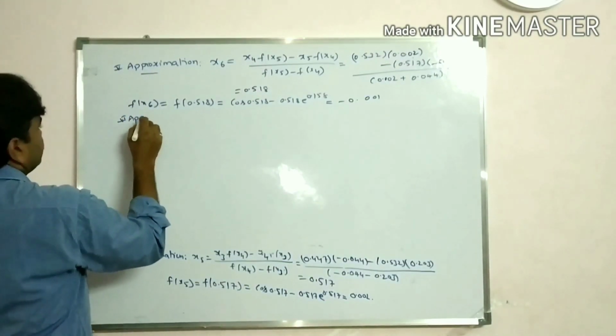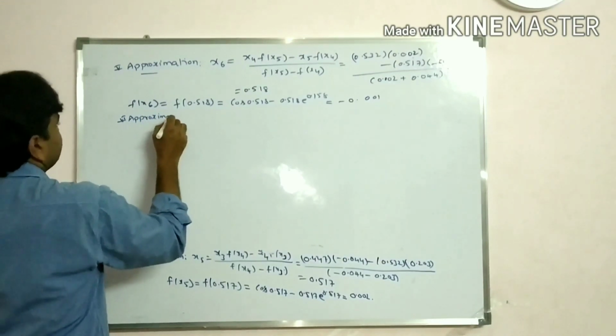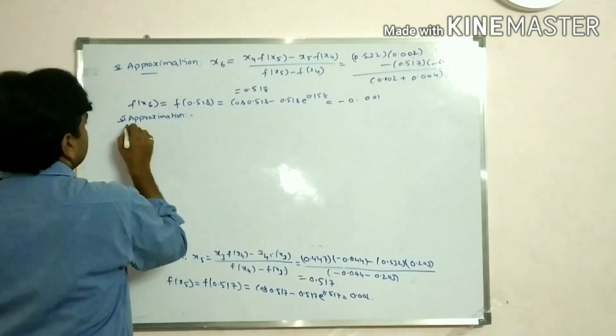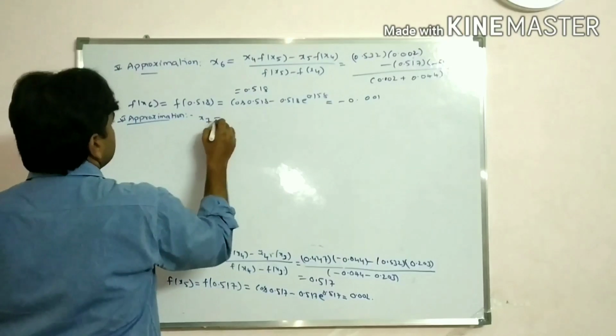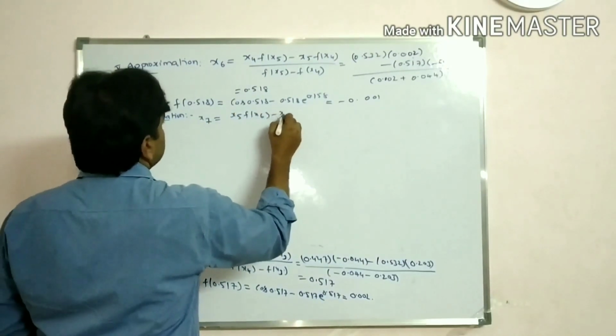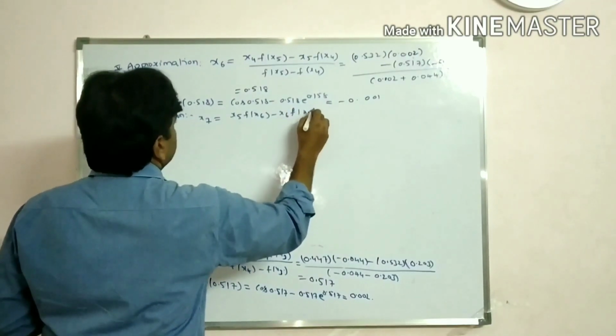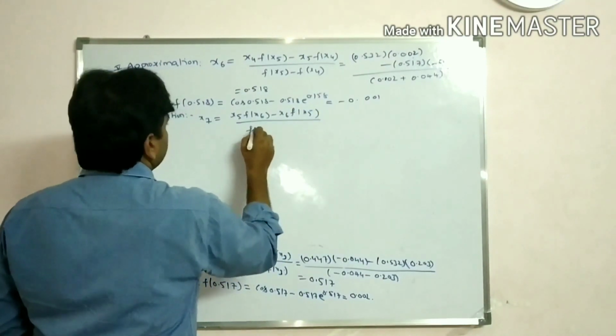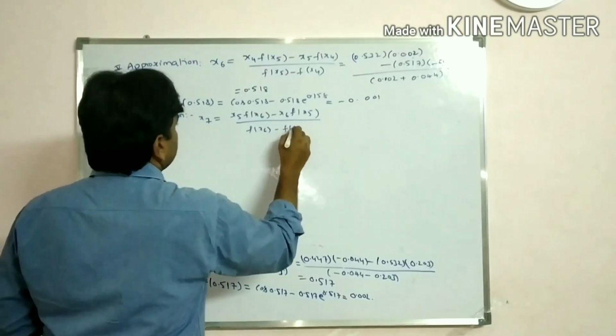So we got sixth approximation, students. So x7 is equal to x5 f of x6 minus x6 f of x5 divided by f of x6 minus f of x5.